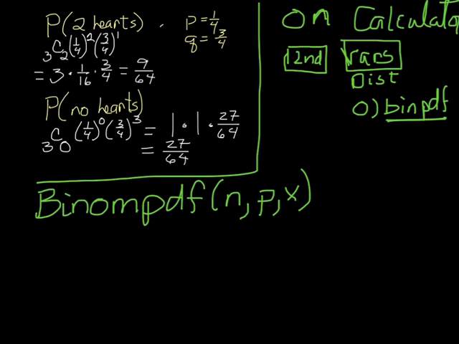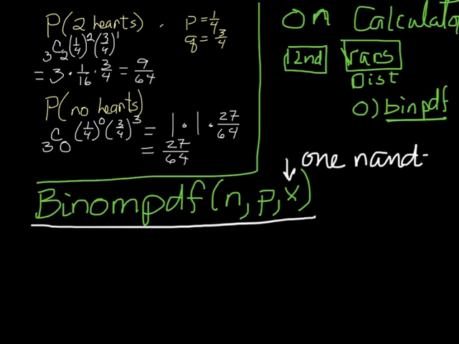So what you're going to see is on the calculator we want to use a formula called the binomial PDF. And what this will do is find the probability of one random variable. Tomorrow we'll talk about the binomial CDF, which will find the sum of probabilities, cumulative probabilities for a random variable. Now, on the calculator, how do you do this?